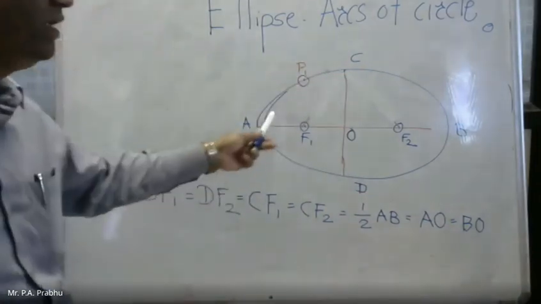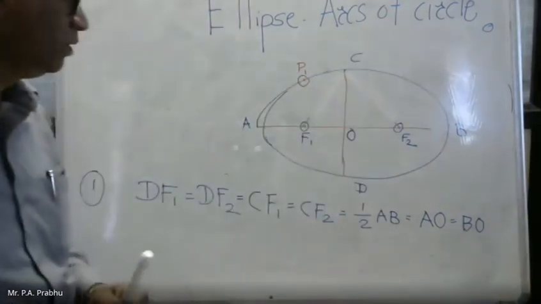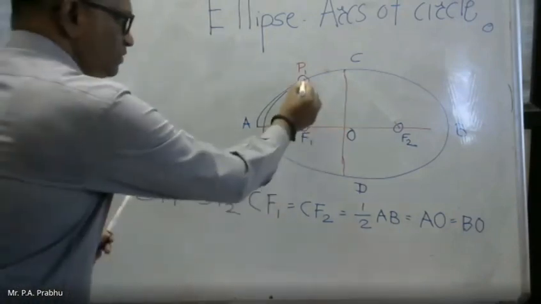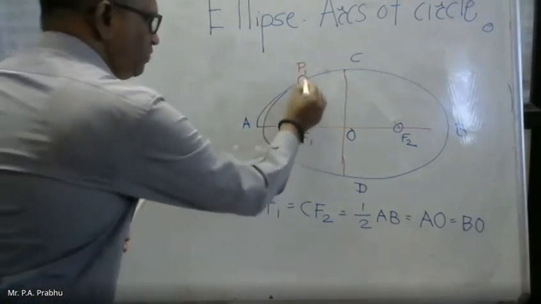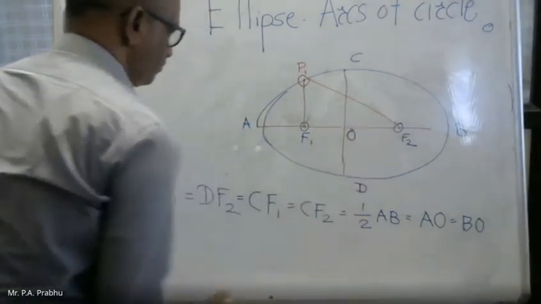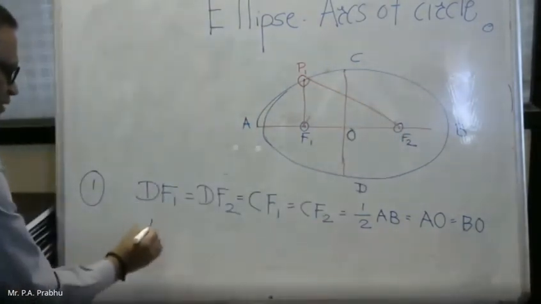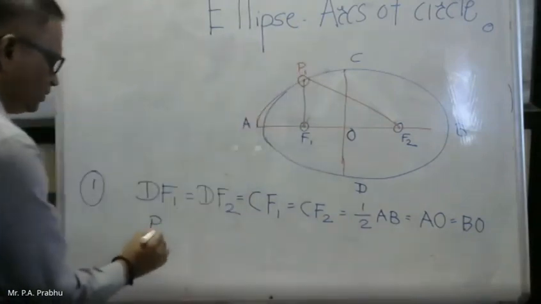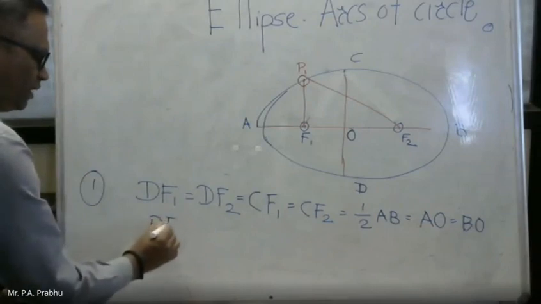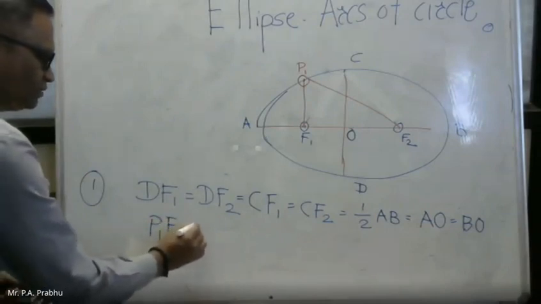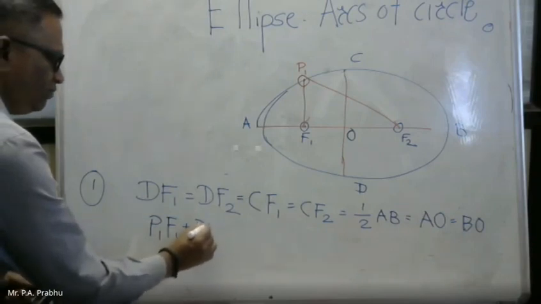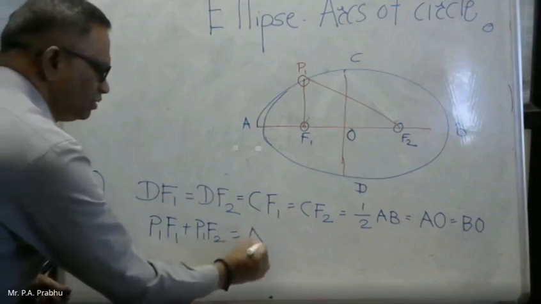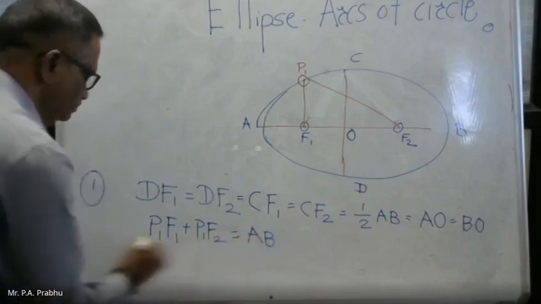The second property says that the sum of the distances of any point from two foci, I have taken this point P1, okay? So P1F1 plus P1F2 is always equal, and it is equal to the length of the major axis.